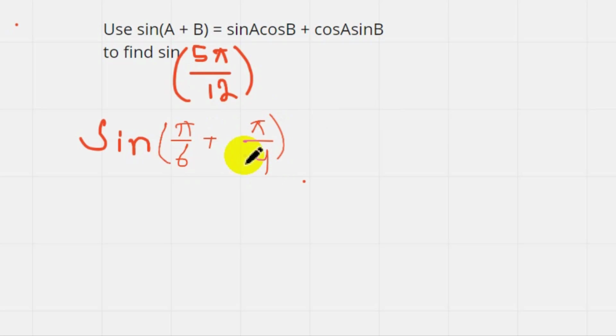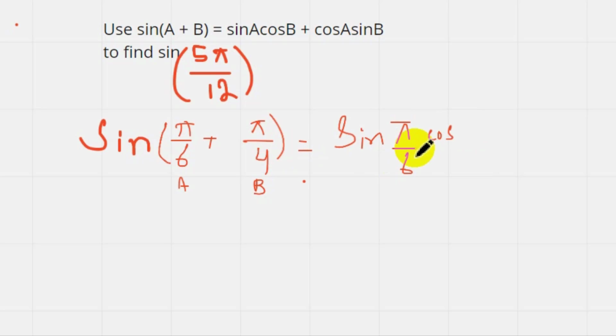Now we have the sum of two angles, sin a, so let's say this is our a and this is our b. Sin pi over 6, times, sorry, not plus, cos b. There is no sign between them, which means they are in multiplication.